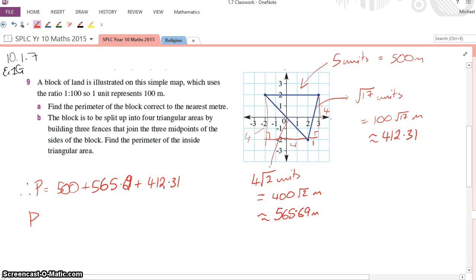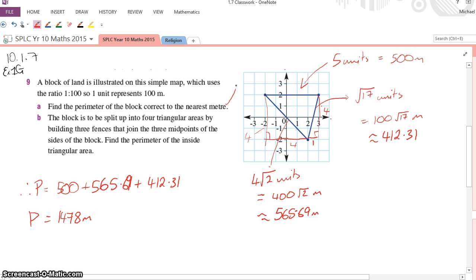I better check that on my calculator just to make sure I'm doing the right thing. 565.69 plus 500 plus 412.31, 1478. I don't know what I said before. So 1,478 metres is the perimeter of the block to the nearest metre.